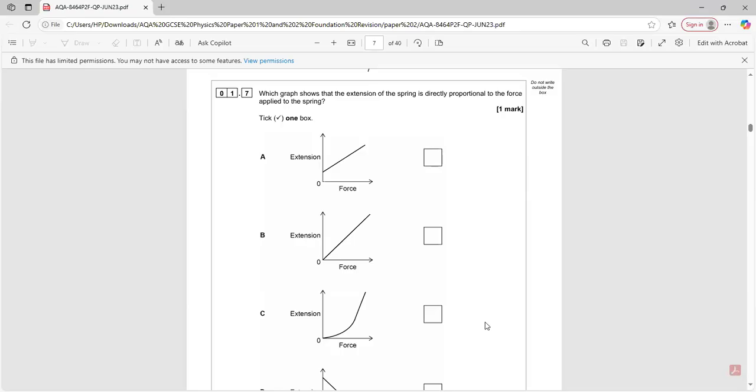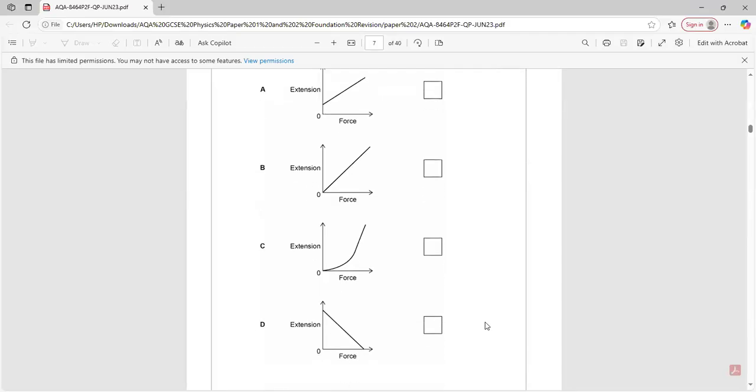Usually, if one increases when the other one increases, which is what direct proportionality means, then the graphs that would match that are going to be either A or B.